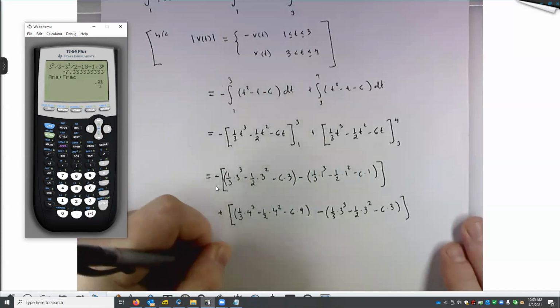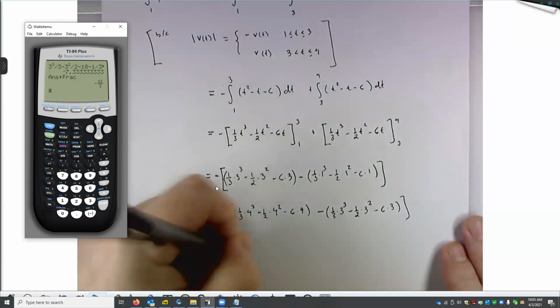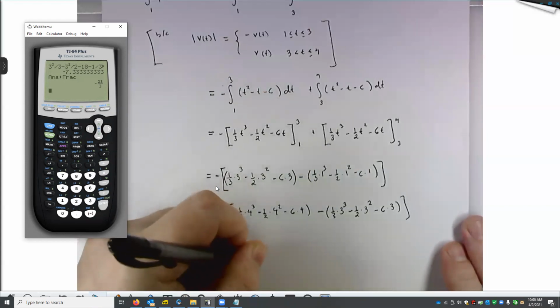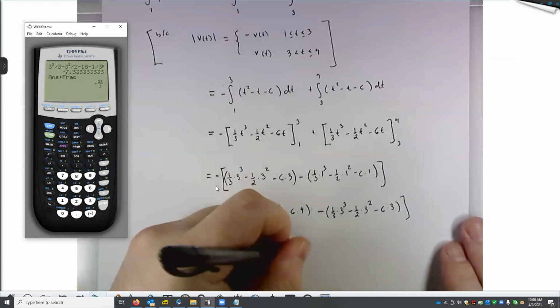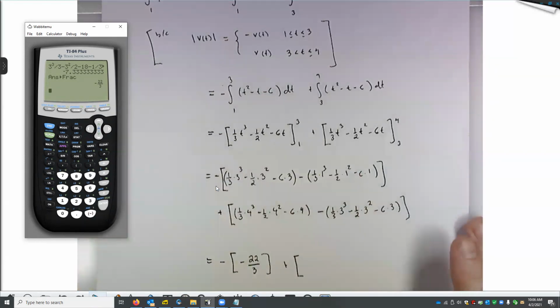So here I have negative bracket, negative 22/3, and then we're going to have plus what comes from the other bracketed statement there. Crunch that out. That's 4 cubed over 3, or 64 over 3. Minus 16 over 2, minus 8. Minus 24, 6 times 4.